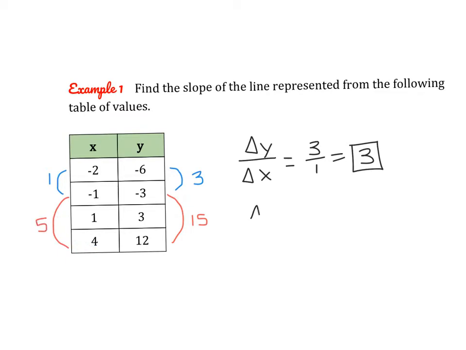So same thing, I can do delta y over delta x, and I get 15 over 5, which gives me the same exact slope. So it doesn't matter where you're looking for the change in y or change in x, as long as you're looking at the same 2 rows on both sides. And remember, we are just really doing the slope formula here. Here's y2 minus y1, which is 15, and x2 minus x1, which is 5.